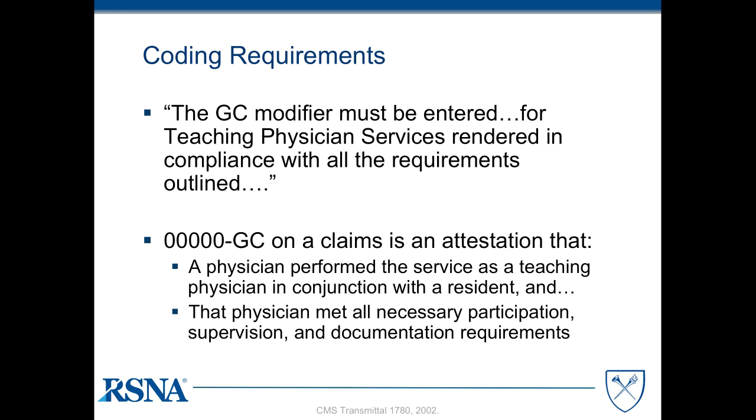It means that when your coders append a GC modifier to any CPT code, now I've just put some zeros here, but you know what the other 5 digits can be in that place, your attending is attesting that he or she performed the service as a teaching physician in conjunction with a resident, and that attending physician met all necessary participation, supervision, and documentation requirements.